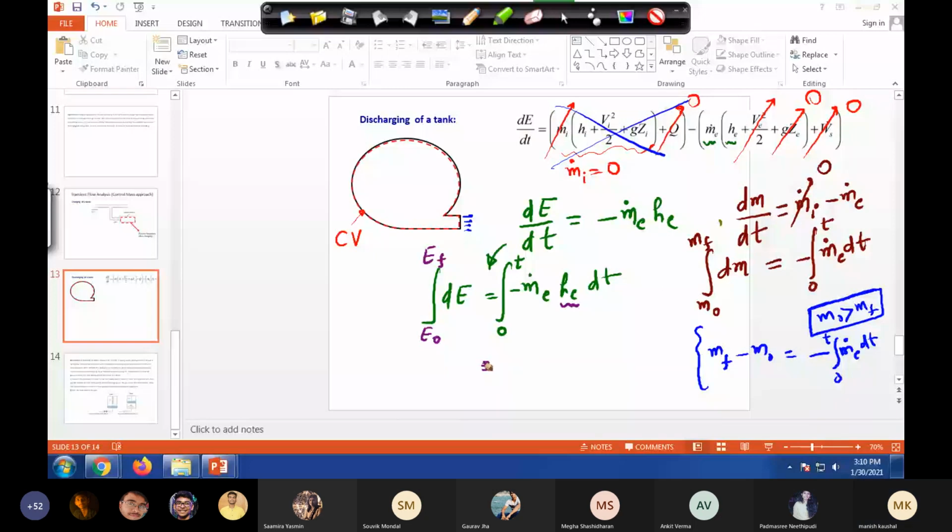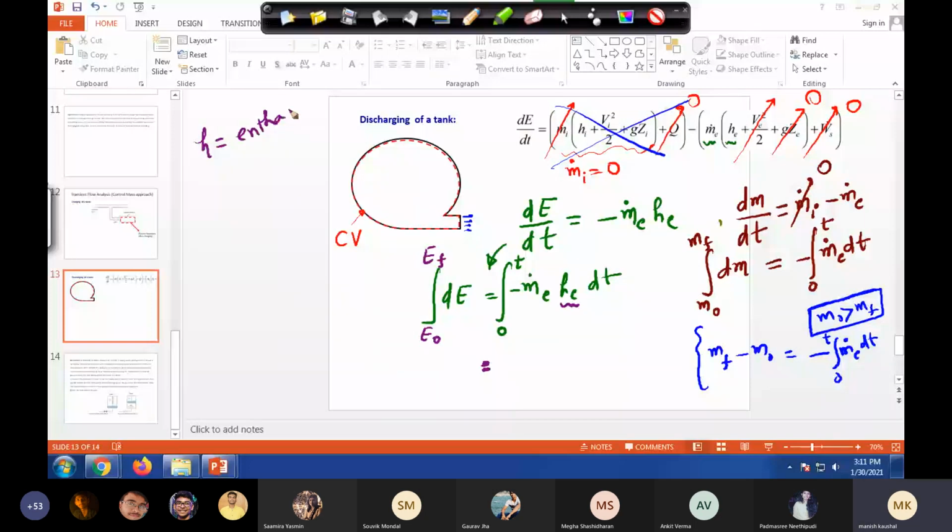So, by the way, h e is what? h e is nothing but, for a given instant, the enthalpy of the gas in the tank, right? Because gas is coming from the tank, right? So h in general is enthalpy, u plus pv.